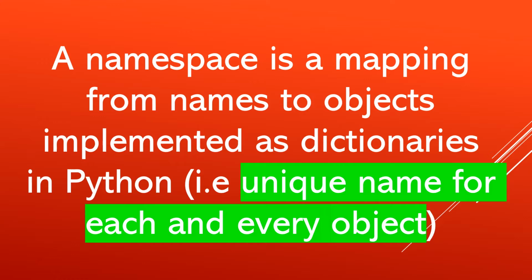Thus, namespaces in Python are used to map each name to the corresponding object or value. For example, for an integer, if you give it x equals 3, we have the name x and we get the object from the memory location. Okay?